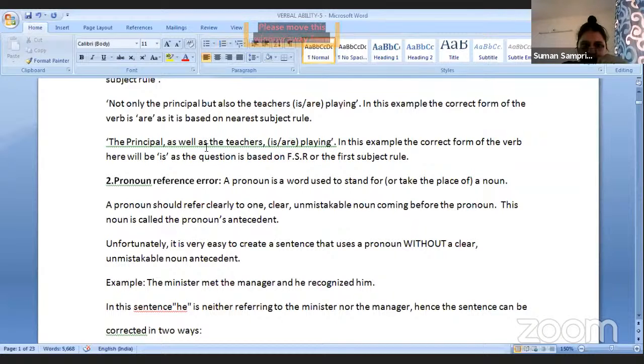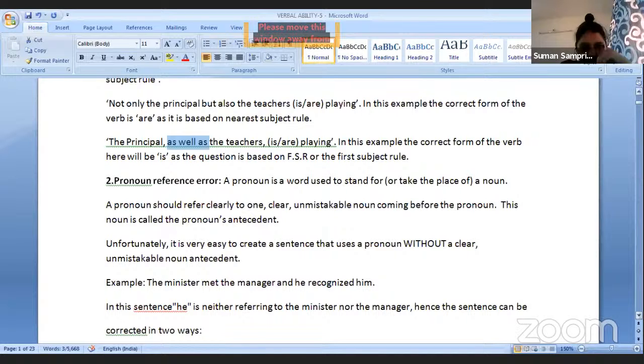The answer would be 'is playing'. Why? Because here we have 'as well as', which joins two subjects, and normally the verb agrees with the first subject. That is the FSR rule. We will be talking about this rule; this is just an example to let you know what subject verb agreement is.